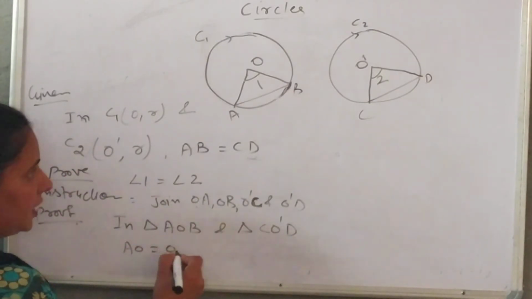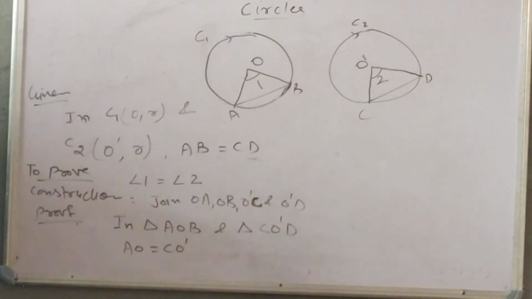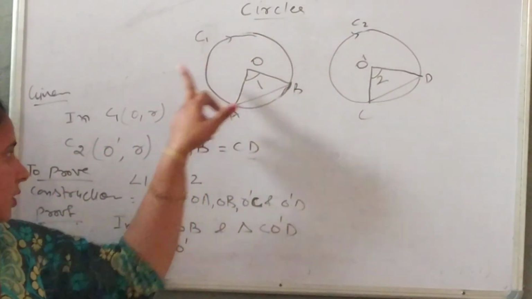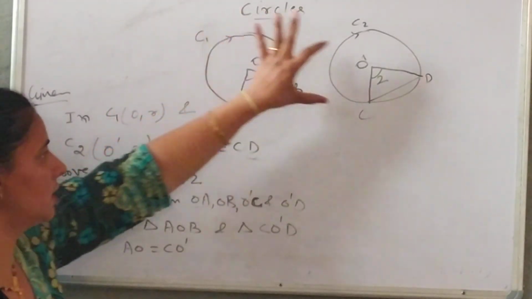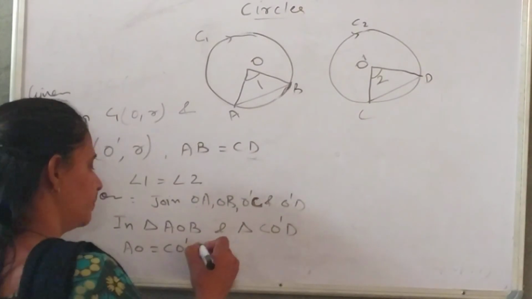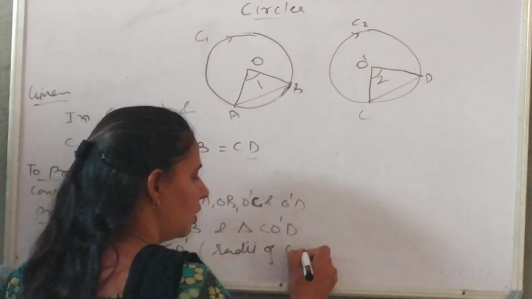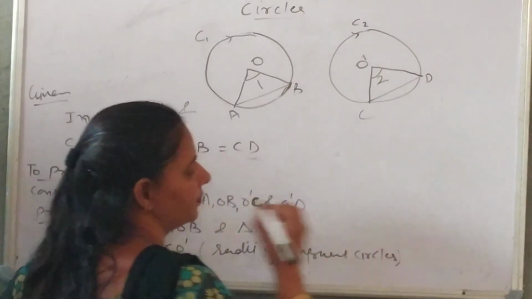OA is equal to CO dash. Why? These two circles are congruent and congruent circles have the same radius. So OA is equal to O dash C, radii of congruent circles.